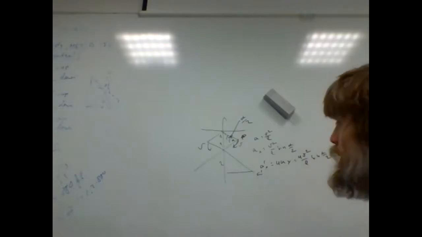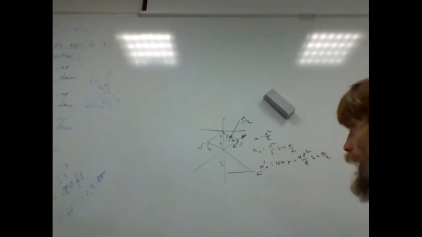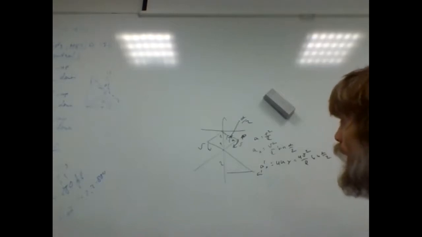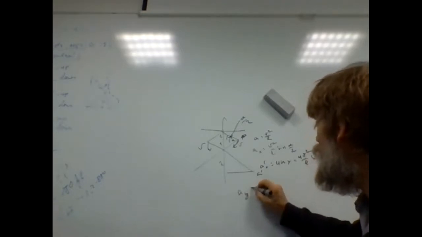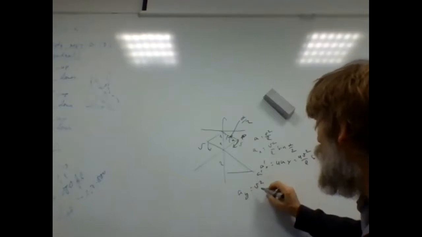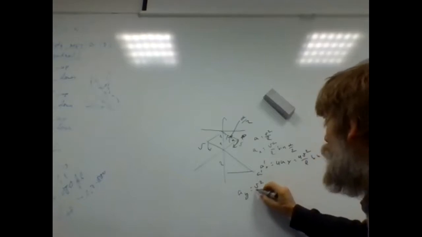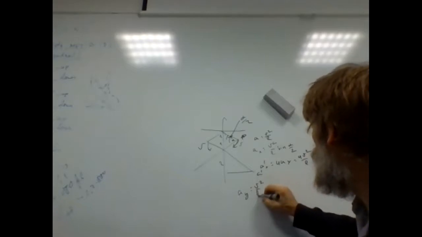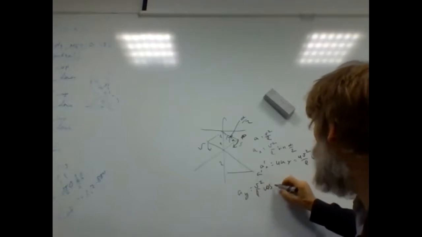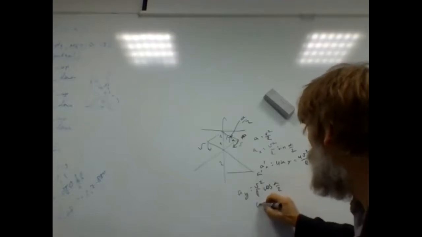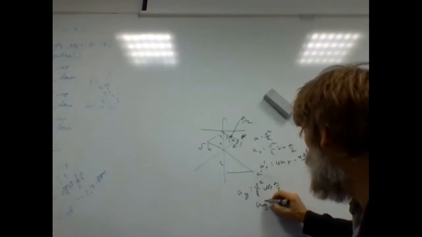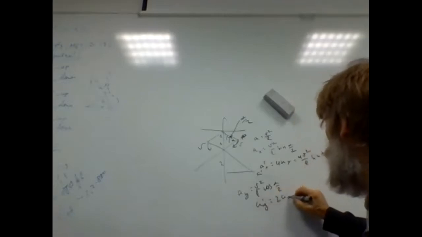I think we can do the same thing for AY prime. Yeah, we can do exactly the same thing with y. Now, as for AY, we have v squared divided by L and cosine of alpha over 2, and AY prime is 2 times AY.